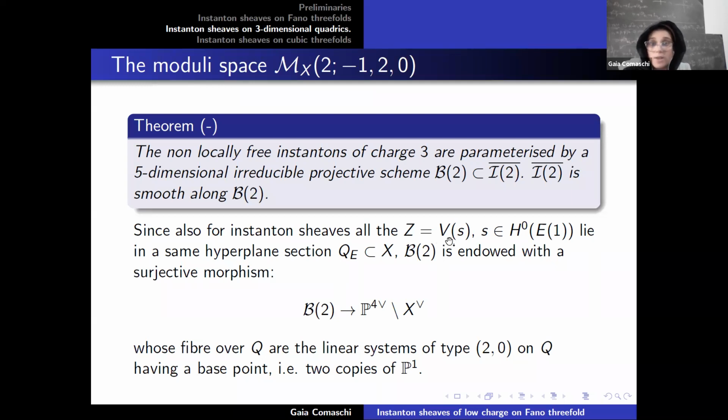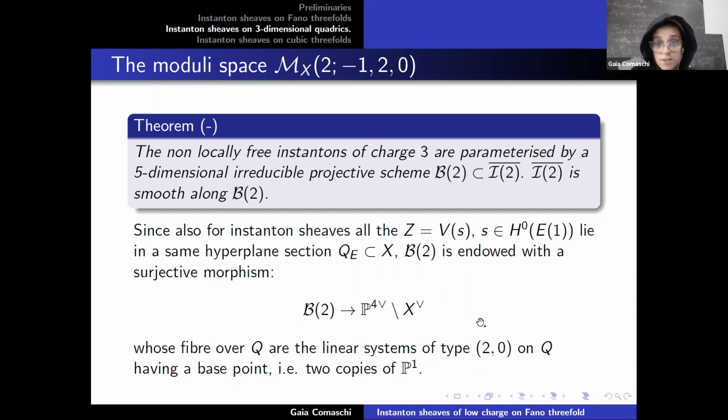Since all these quadric surfaces must be smooth, the image of this morphism lies in the open parametrizing smooth hyperplane sections. This time, the fibers will be two copies of P1 because we are no longer taking a base point free linear system.